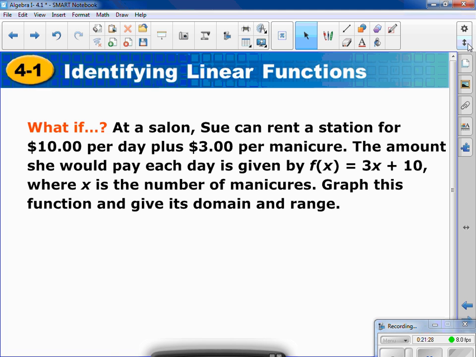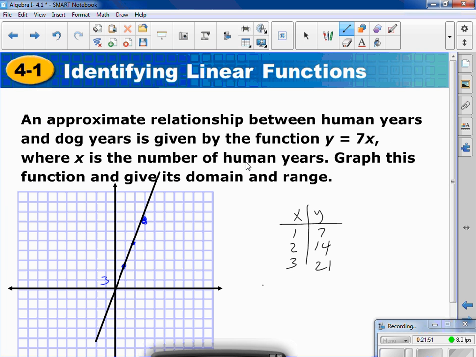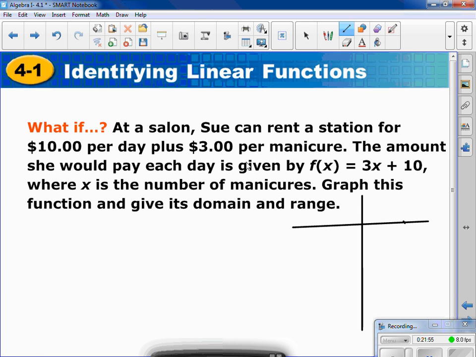When I'm talking about the numbers for my table, I do have some limitations. Can't use negative. You can't give a negative amount of manicures. It's impossible to do that. There's also another stipulation. We didn't talk about it on this one, but there's a stipulation here.